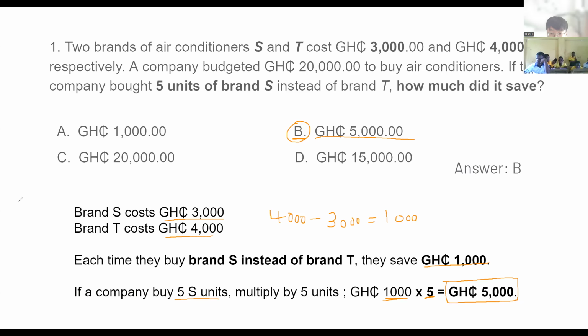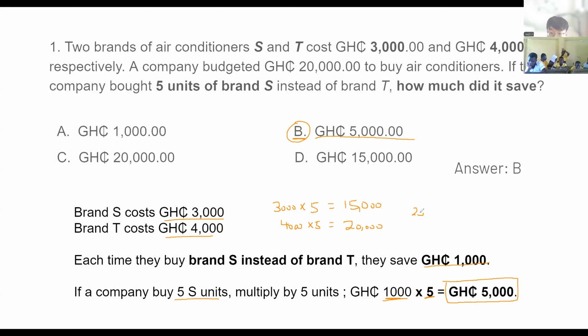Or you can calculate it in a different way. You can first multiply 5 units for both S and T and then subtract. So if they bought 5 brand S, 3,000 times 5 is 15,000. 4,000 times 5 is 20,000.